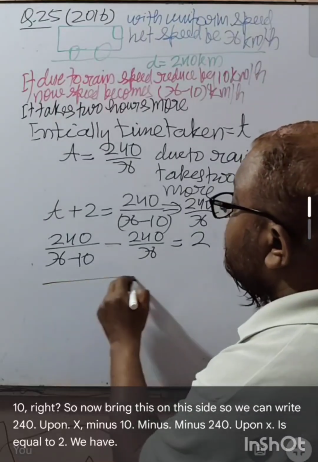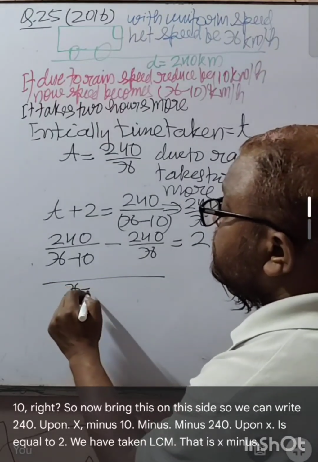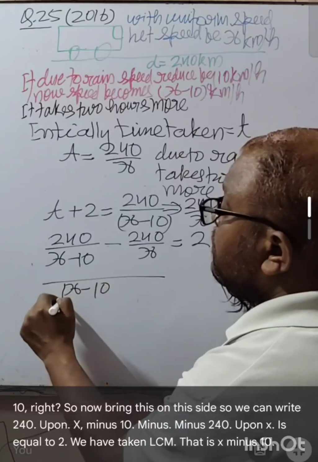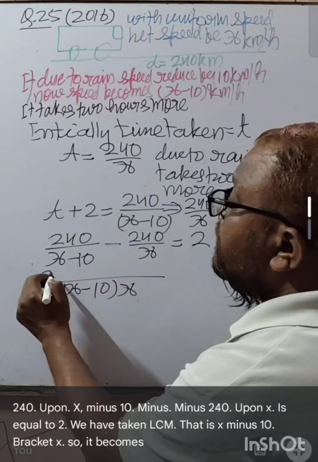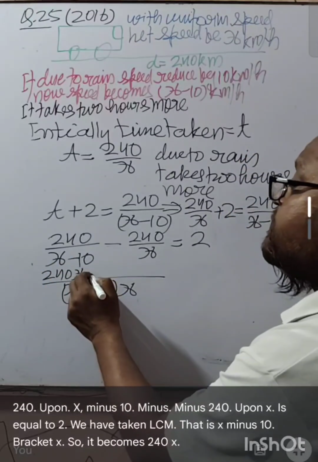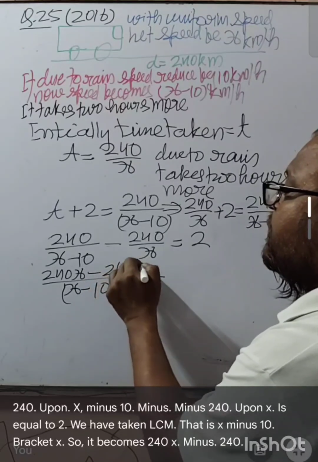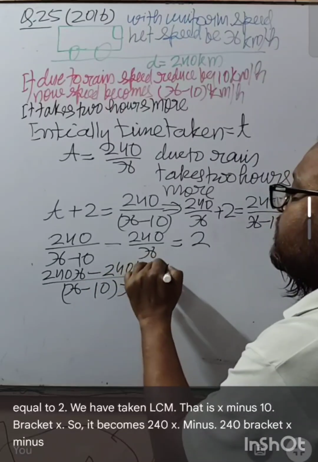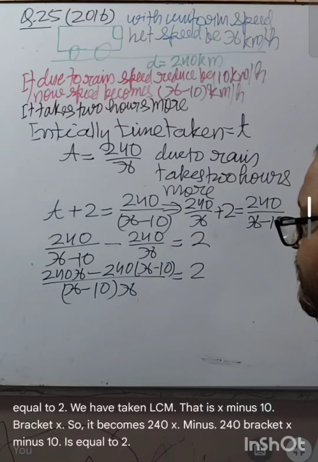We have taken LCM, that is x minus 10 bracket x. So it becomes 240x minus 240 bracket x minus 10 is equal to 2, right?